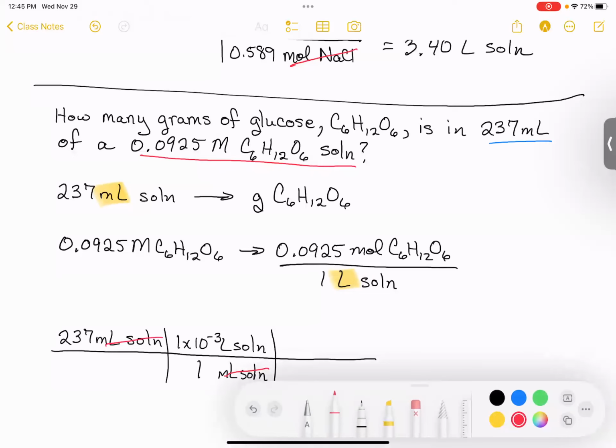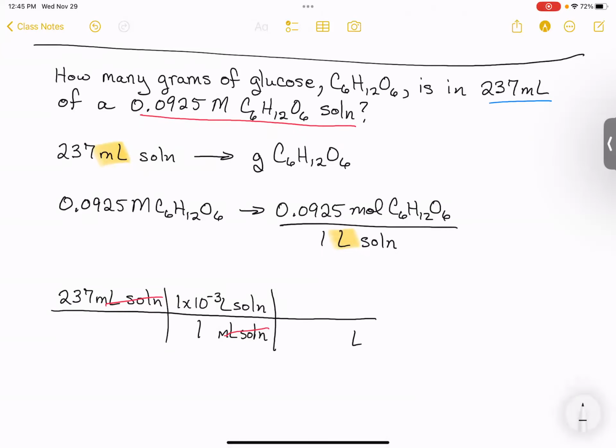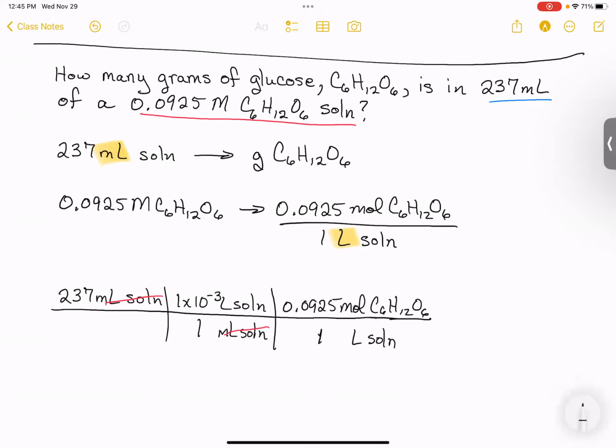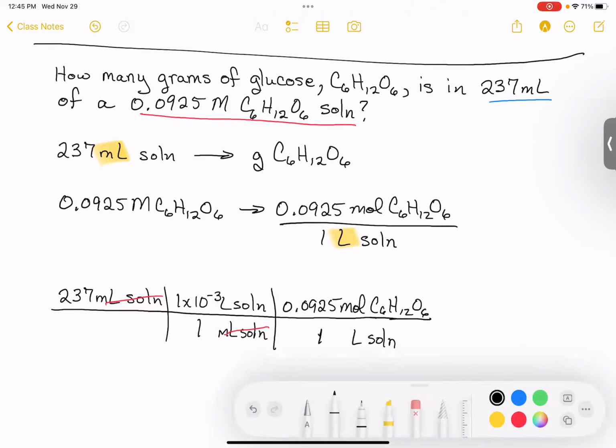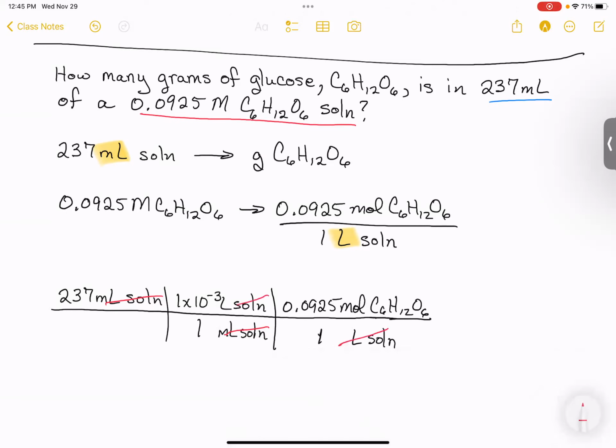With liters of solution, you can now use your molarity, and you want to use the molarity in a variation that has liters of solution in the denominator, which this one already does. So I'm just going to rewrite it, placing the liters of solution in the denominator so that the unit and the substance can cancel.